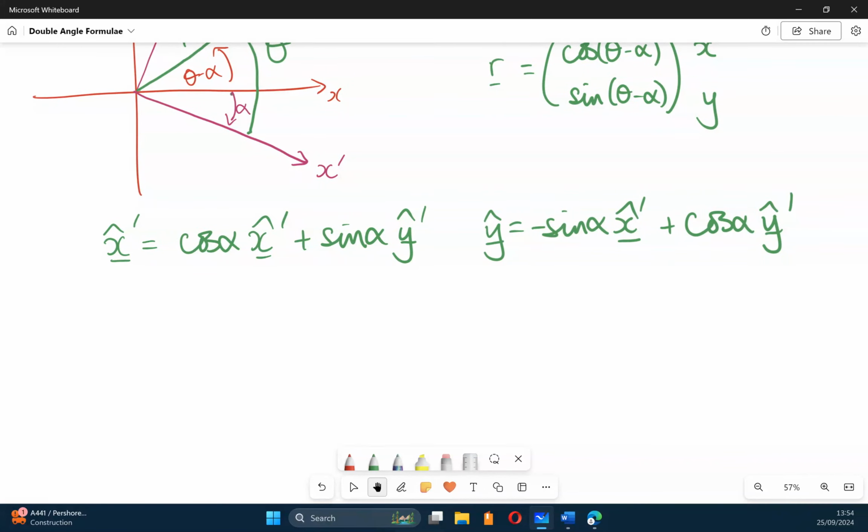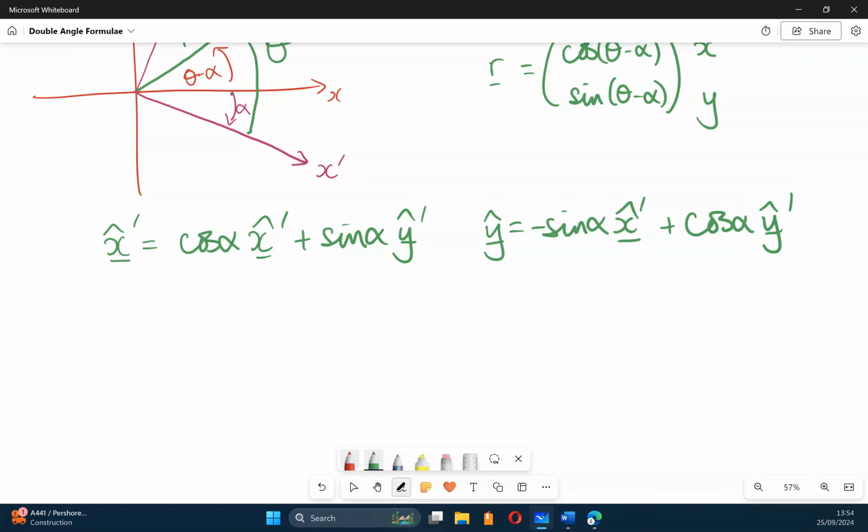And what we could do, using a trick from simultaneous equations, is always useful to use previous knowledge, especially from GCSE studies or earlier in your secondary education. We can try to find or isolate x prime or y prime by getting rid of the other one.